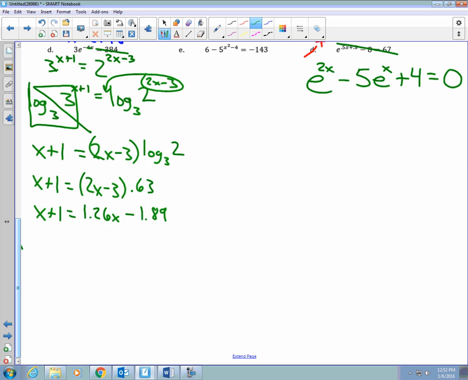So our gathered terms on the same side, negative 0.26x, negative 2.89. x is... tricky, huh? Try E on your own. See if you can do E.